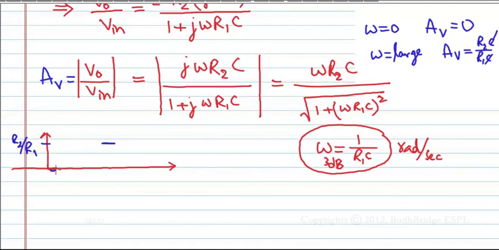At low frequencies it is 0, and at high frequencies, omega large, we are having a plot like this, where this is omega, this is AV, and F3 dB is somewhere here.